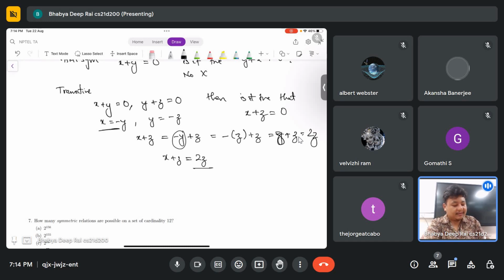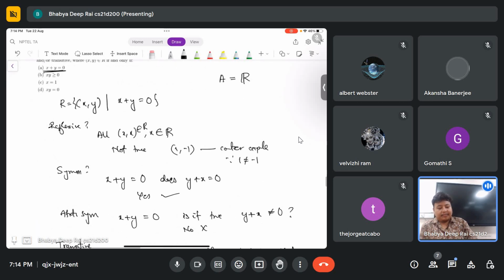It's not necessary for this to be equal to 0. For this to be 0, z should be 0. But that is not always the case, because z can be anything from the real numbers. So it is not necessarily transitive.